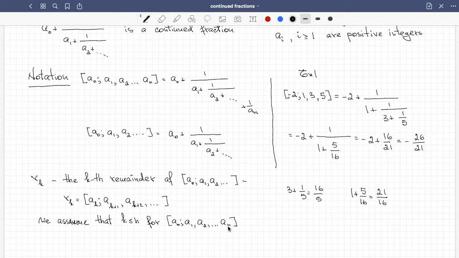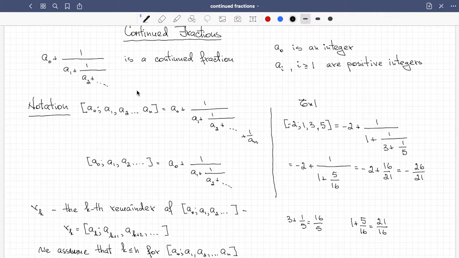Of course, then it makes no sense to cut after the last term, so there are only finitely many remainders if the whole expression was finite. I want to stress we write semicolon in the first place, and the first is just an integer. It may be negative, as this example shows. All others are going to be positive. There is a drop of symmetry here.